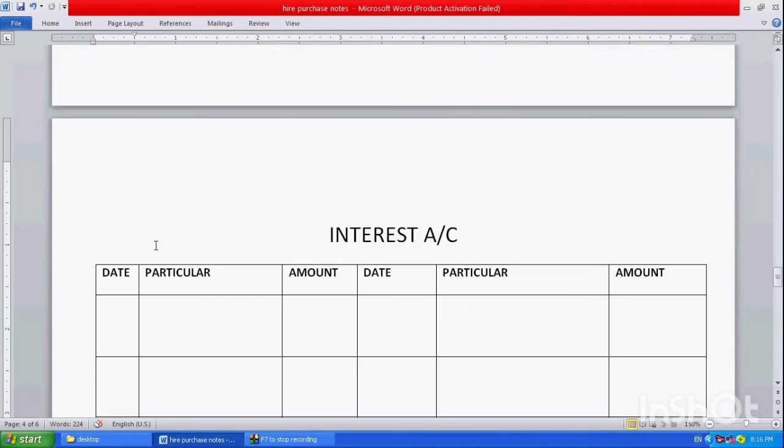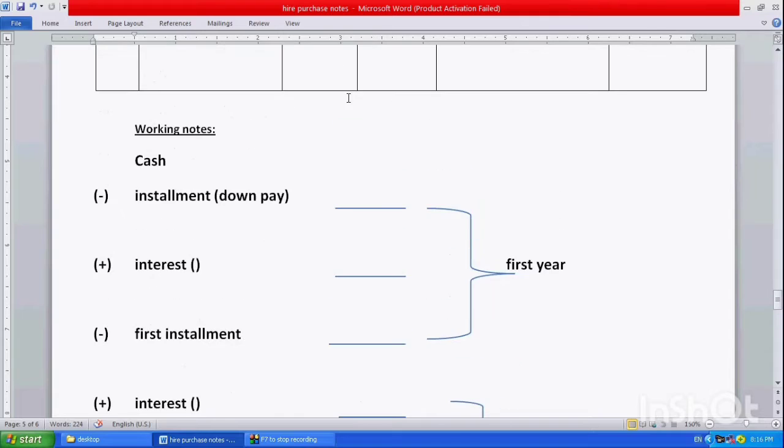So first write cash price 15,000. The down payment is 2,000. After deducting the down payment from the cash price, we get a balance of 13,000.